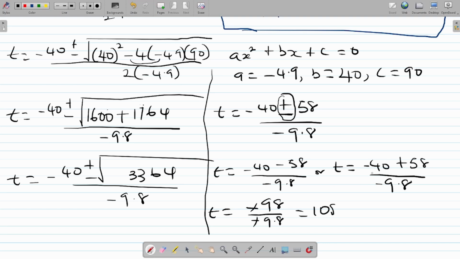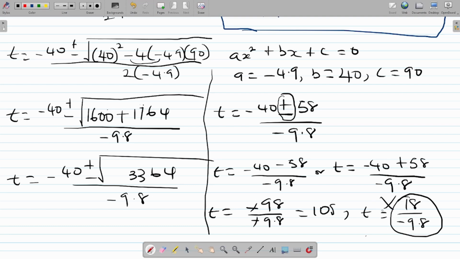And for this one right here, negative 40 plus 58 would give us 18 all over negative 9.8. But this value will give us a negative answer, and t can never be negative. Time can never be negative. It is impossible for time to be negative. Therefore, we discard this solution.